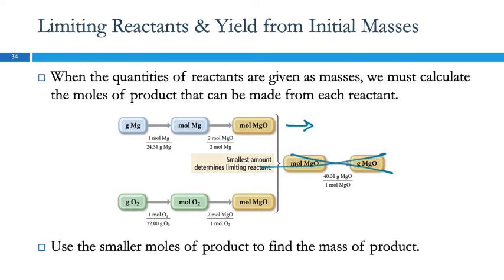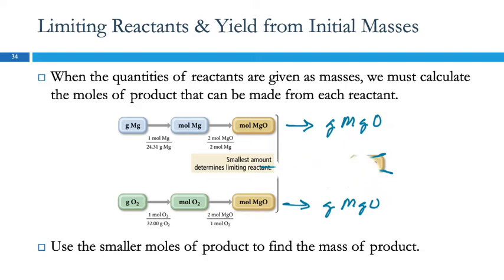This other way saves you one calculation, but you have to do more thinking, and so I don't know that that's necessarily a good idea. So we have one ingredient, magnesium.